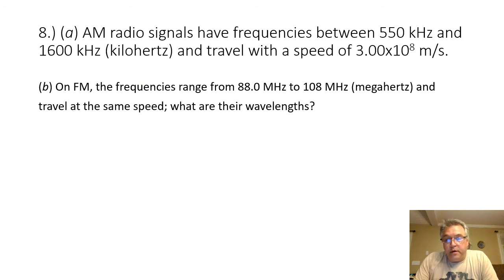Part B of problem 8 tells us that on FM, the frequencies range from 88.0 megahertz to 108 megahertz and travel at the same speed. What are their wavelengths? So we're going to do the same procedure here. I know that my wave speed is still 3.00 times 10 to the 8th meters per second.